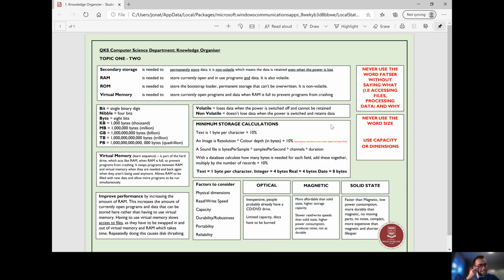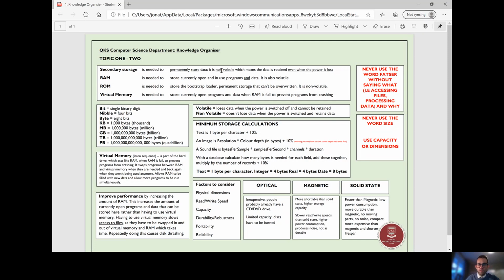So the first thing is the definition at the top of secondary storage, and the key things you need to put in a definition when you're giving the definition of secondary storage or saying what the purpose of secondary storage is. So secondary storage is needed to store data, but it's needed to permanently store data because it's non-volatile.